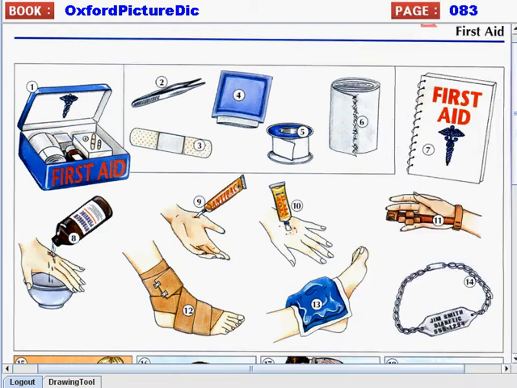It is so important that we keep a first aid kit in our house, just in case we encounter those kinds of emergencies. Inside the kit is also what we call tweezers.